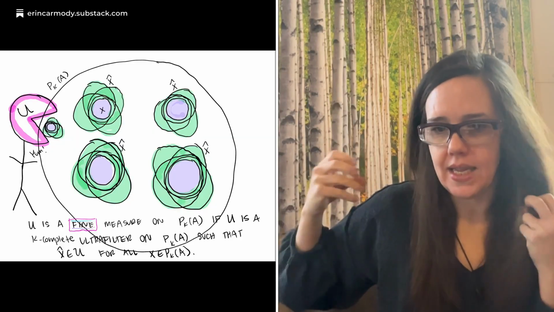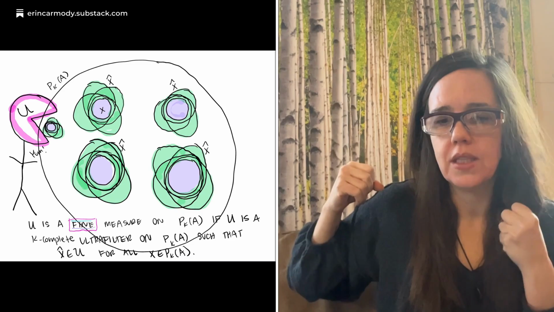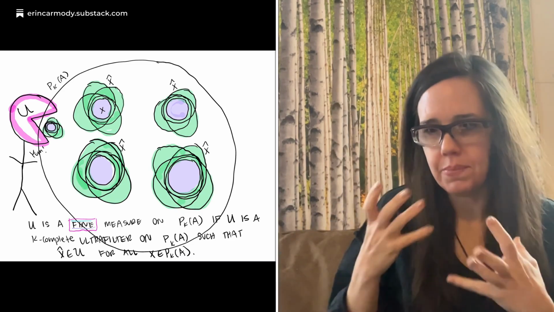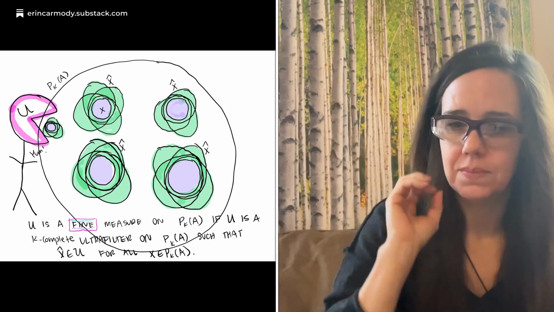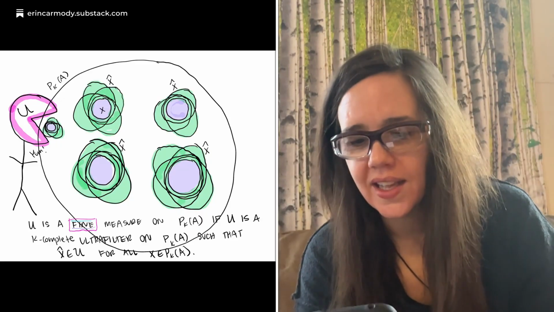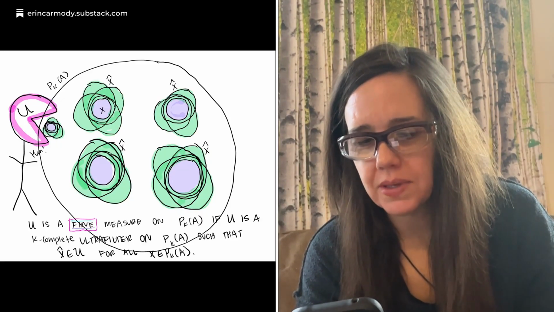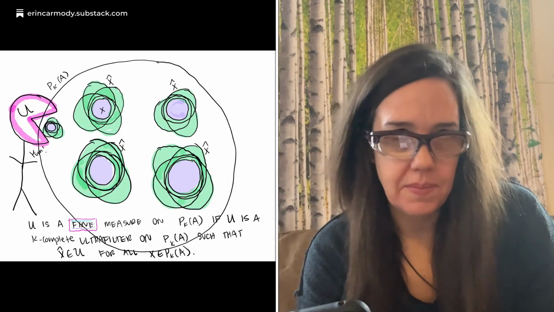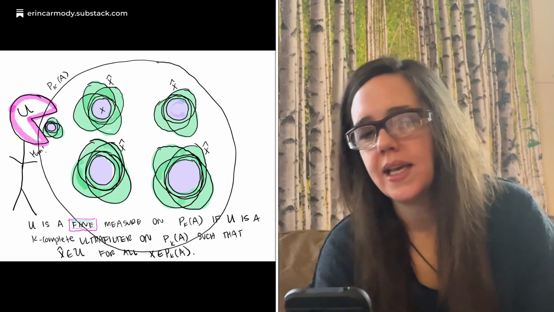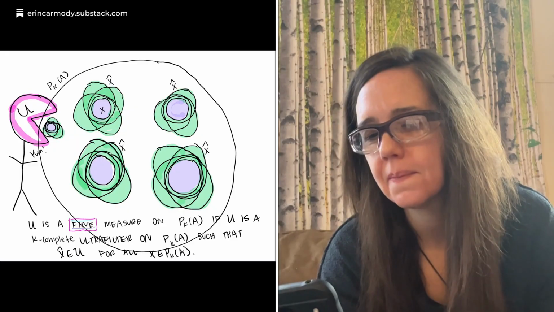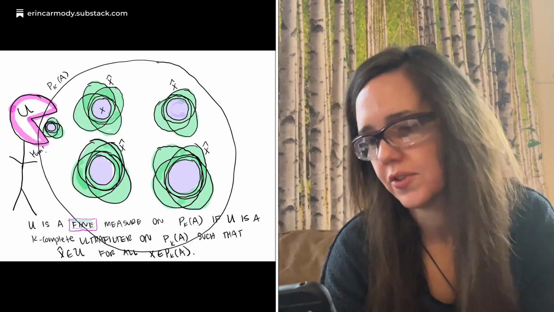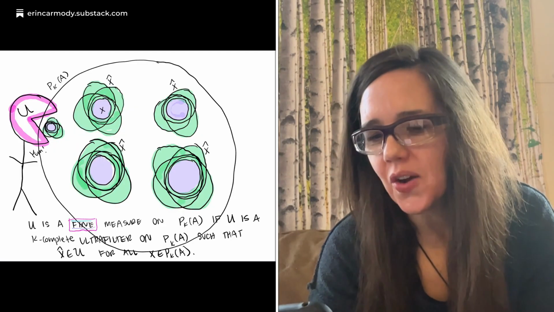To him, these are big, and ultrafilters want the things that are big, so they eat all these flower-type things. It kind of reminds me of, not a principal ultrafilter in any way, but sort of, it's like he's eating principal ultrafilters or something. Okay, so he eats all these.